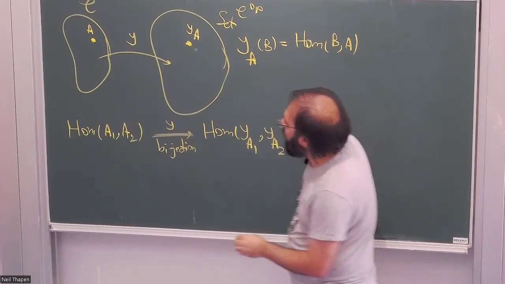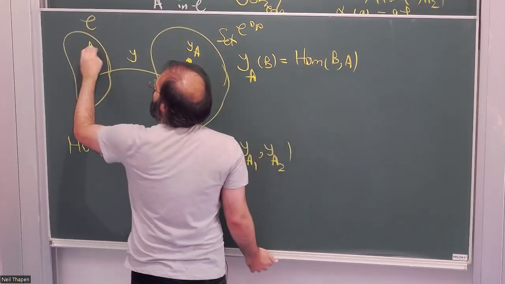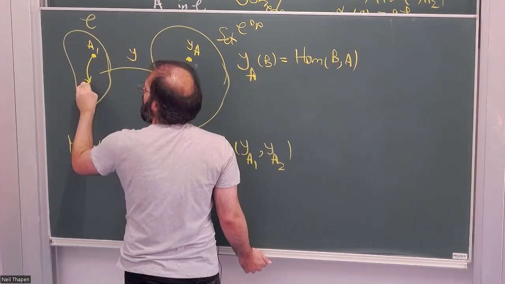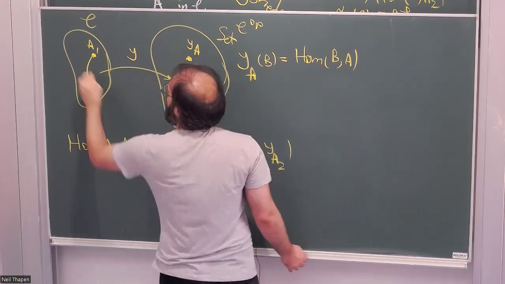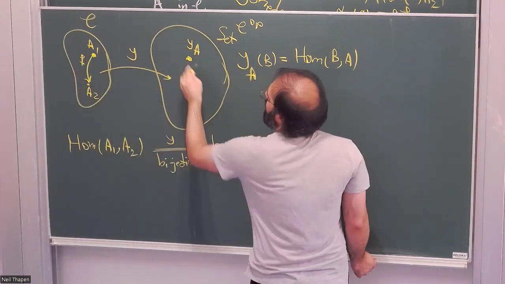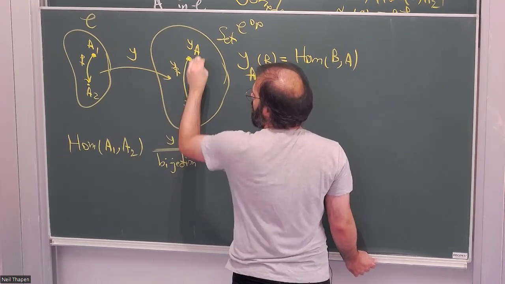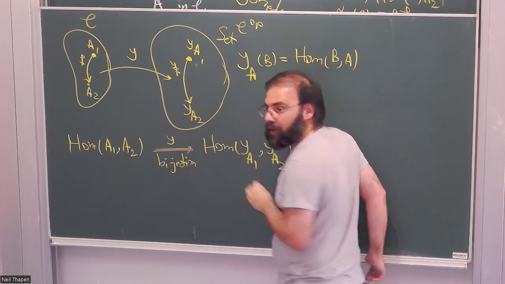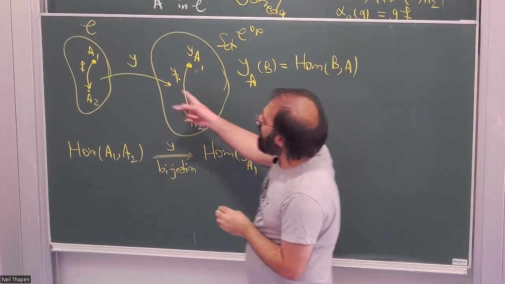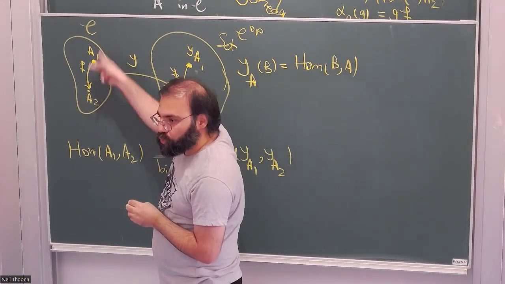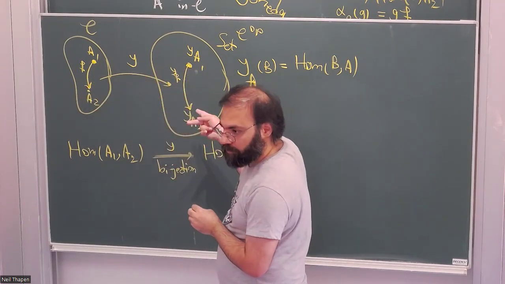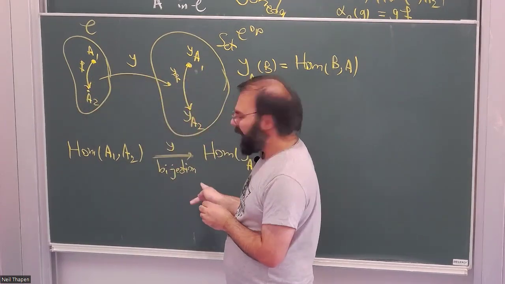Meaning that if I have one map from this A1 to this A2, like F, then because it's a functor, I have a map here. But then it is just impossible to map two different maps to one map. It's one-to-one, and it's a bijection.